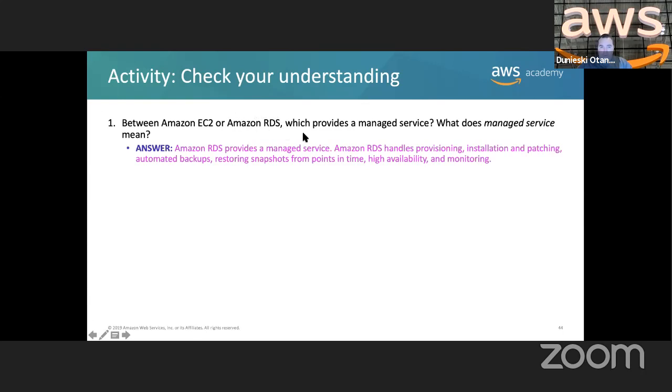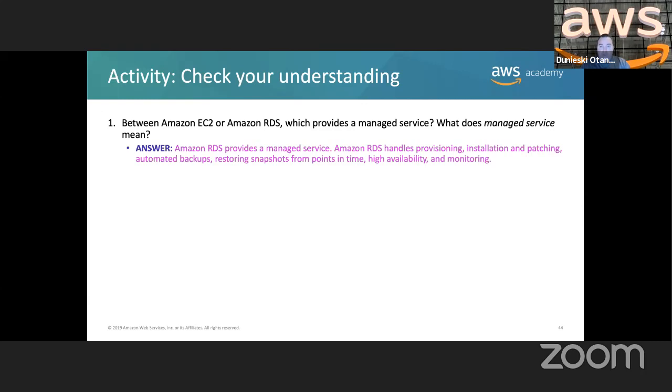So with managed, AWS does most of the things. But don't forget that with RDS, you don't have to provision anything, install anything, patch anything, or back it up automatically. You have manual backups, right? What makes it not fully managed is that you can manually back it up.